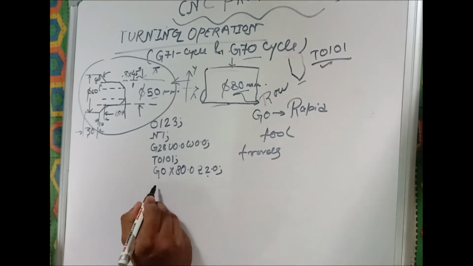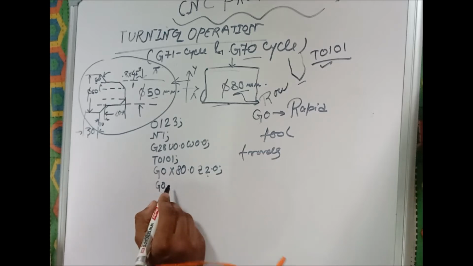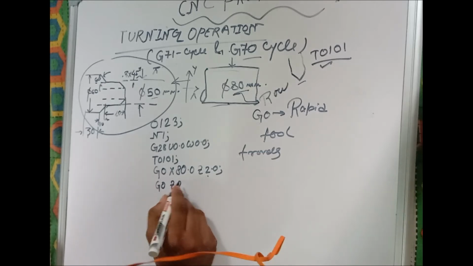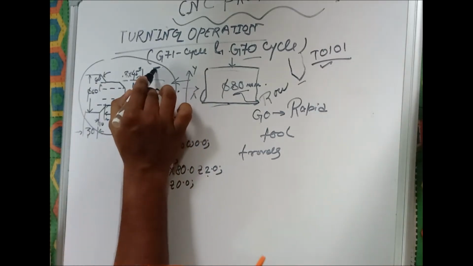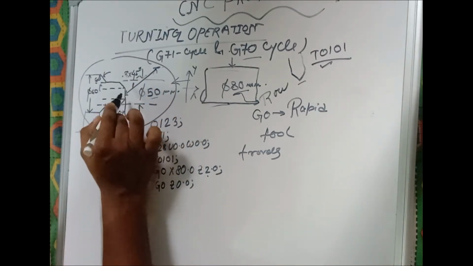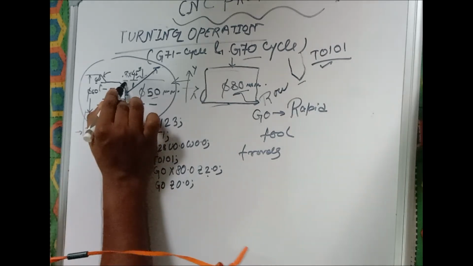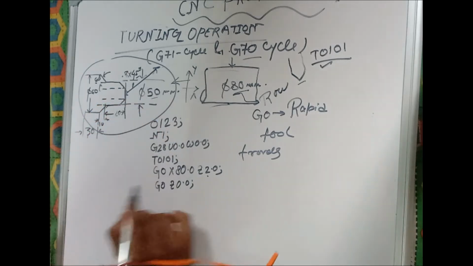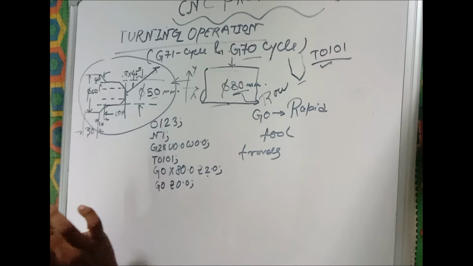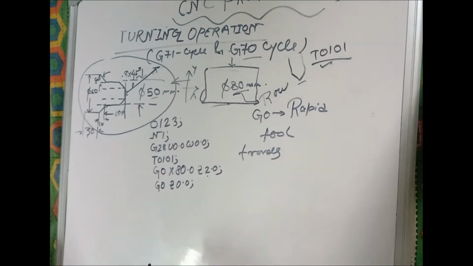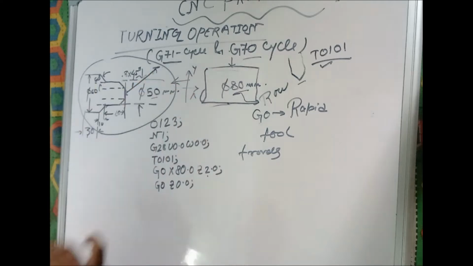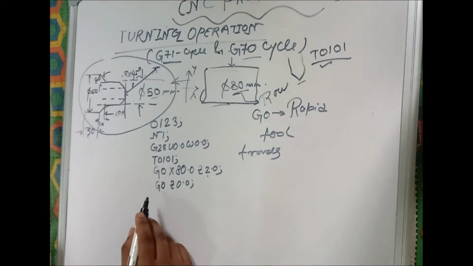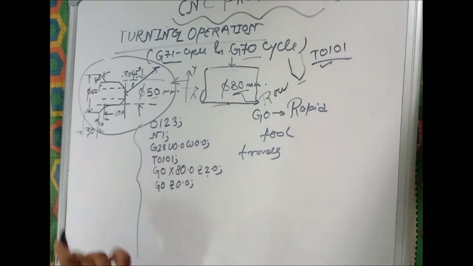After that we will write G0 Z0.0. Now the tool will come to the face of the job at 0.0. After that we will use the main code used here, the G71 cycle. So let's start it. What is the nomenclature of it?